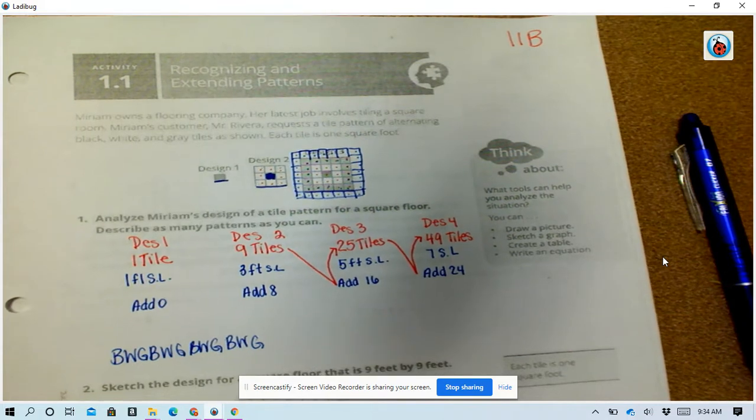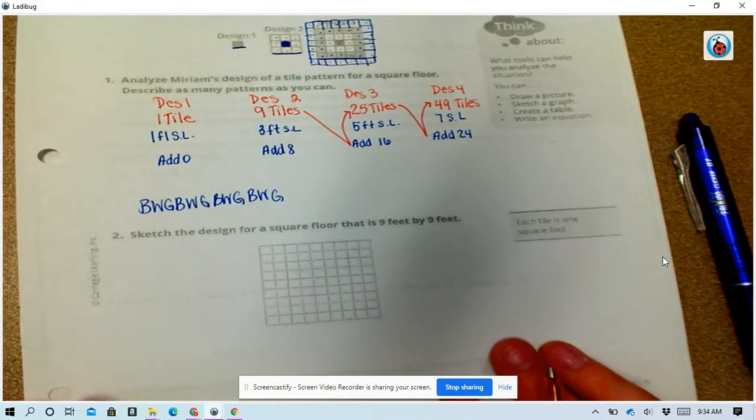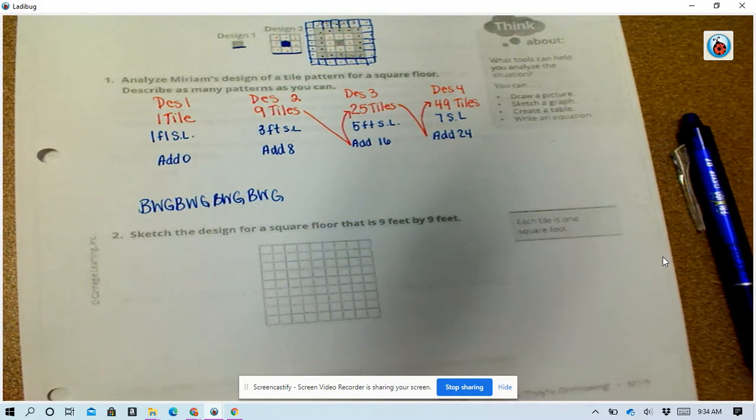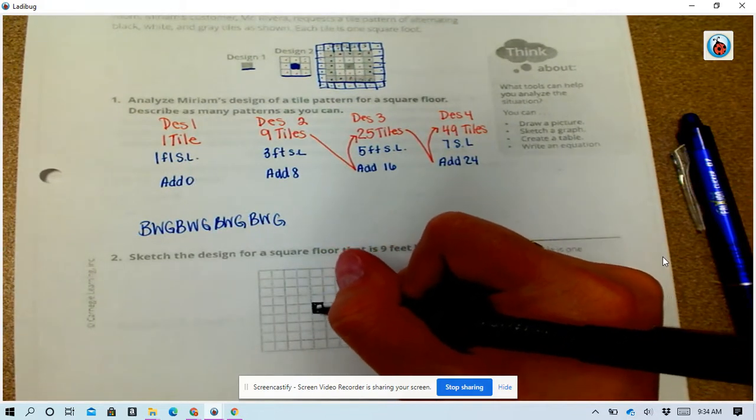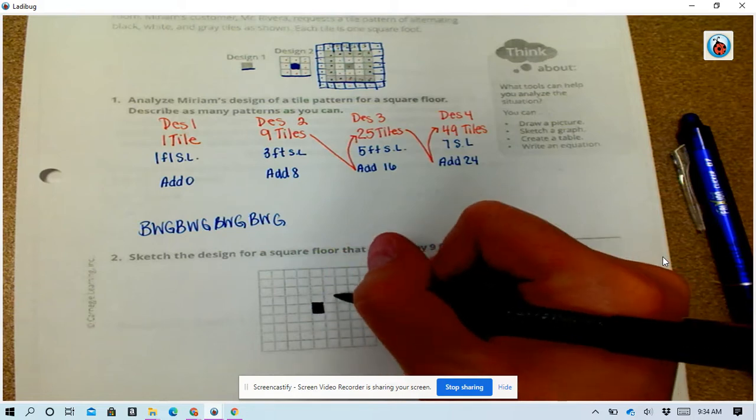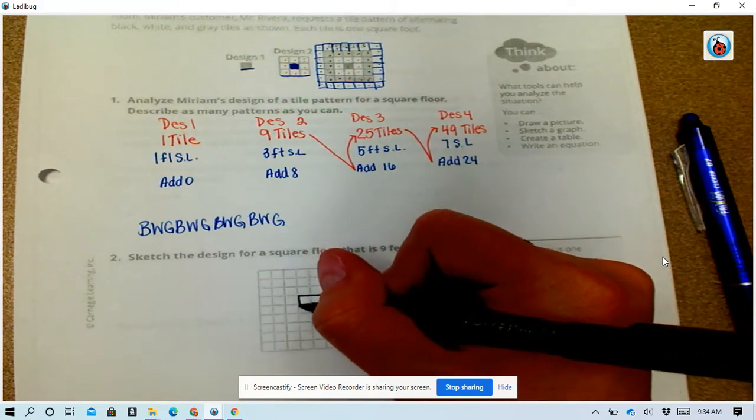Okay, take a look at number 2. Sketch and design the square floor that would be 9 by 9. So take a moment and just sketch that out. If you needed to use other colors besides black, white, and gray, that would be fine. So we do know that the center tile is black. And then we'd have a row of white.